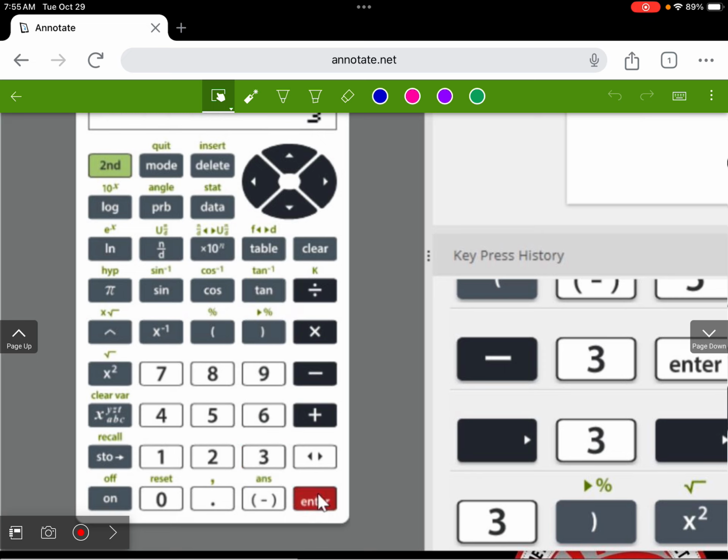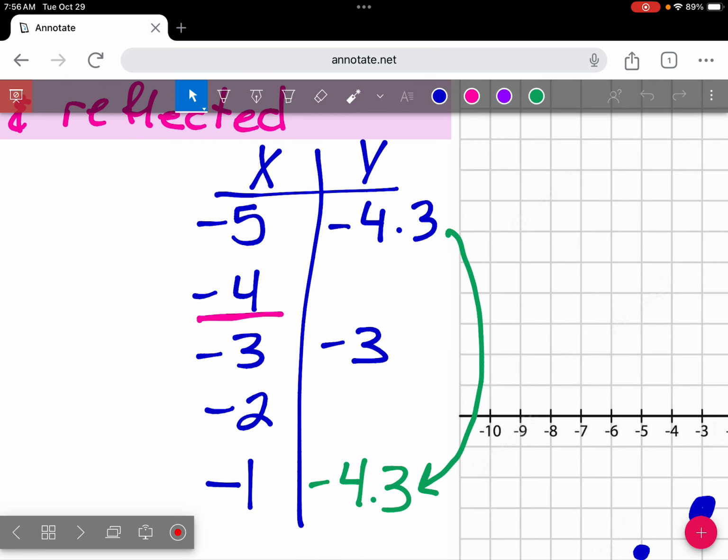Negative 3.3. So it gives me negative 10/3, which I go, great, that's super helpful. Not. Hit the 2 arrows that are right above the enter key, we get our negative 3.3. So negative 3.3, which because my vertex is right in the middle, I know that this guy is also negative 3.3.